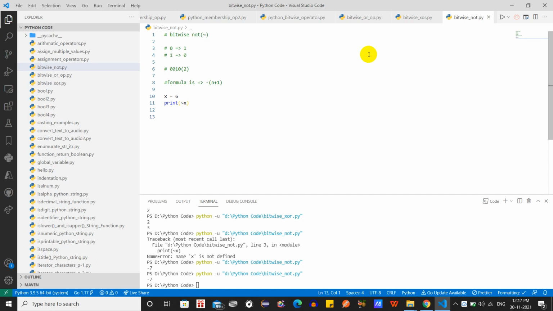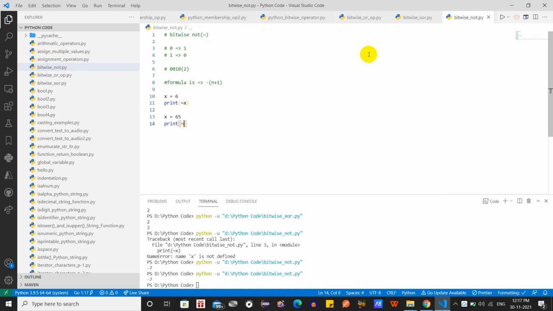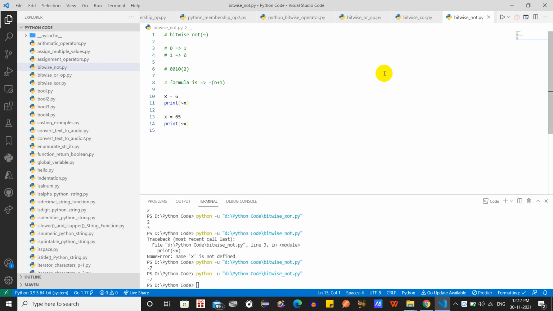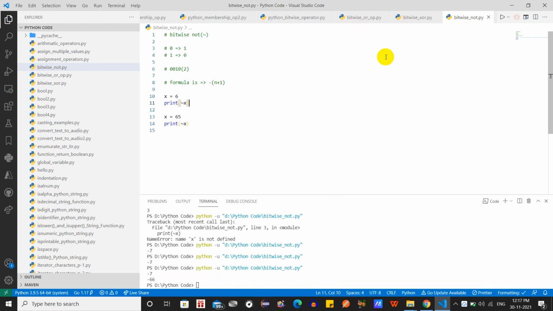Okay, so suppose x equals 65, you know the 65, then print negation of x. Negation of x. So what is going to be returned here? Minus 66, sorry, minus 66 is going to be returned, because 65 plus 1 is 66, then minus is added.